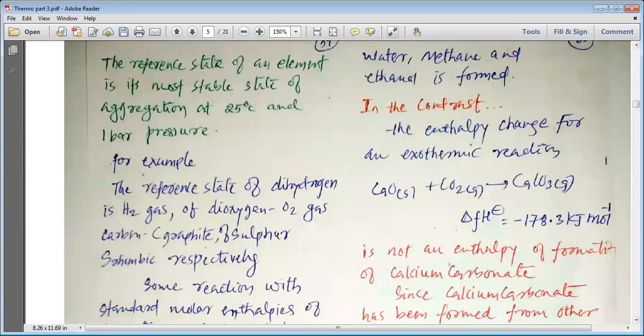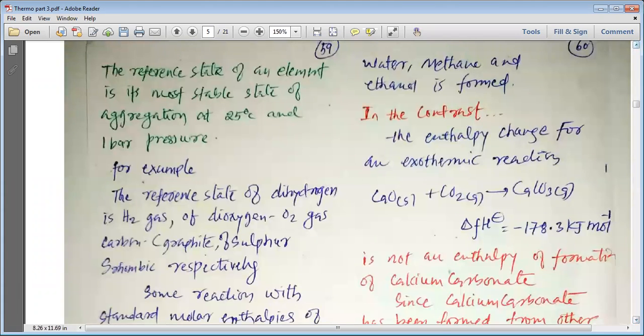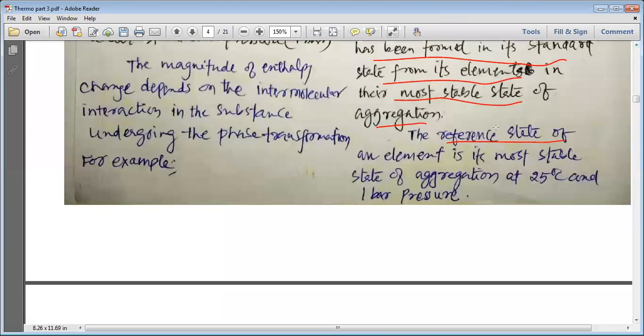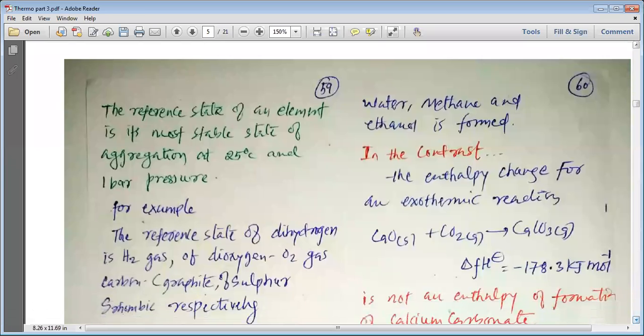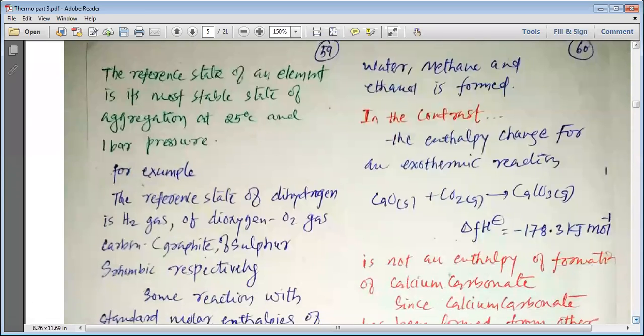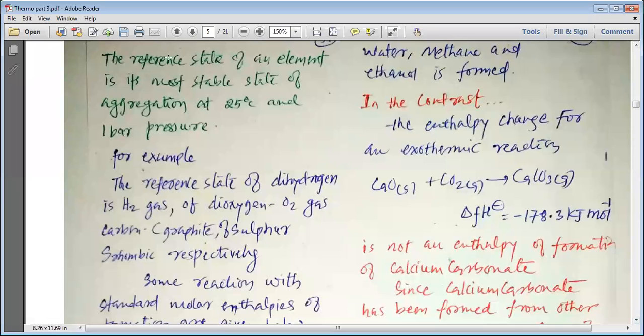That is the state we generally consider as room temperature and pressure, or laboratory conditions.